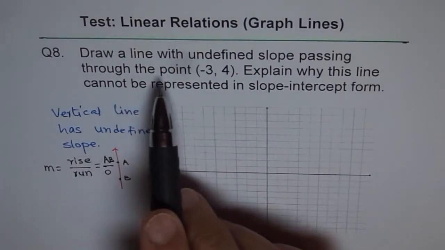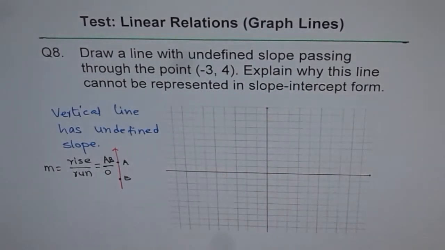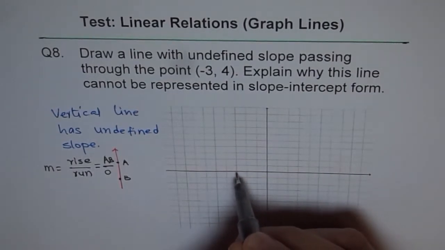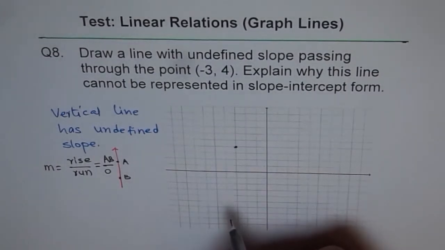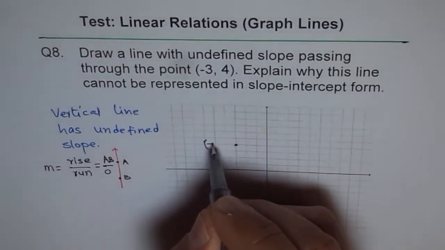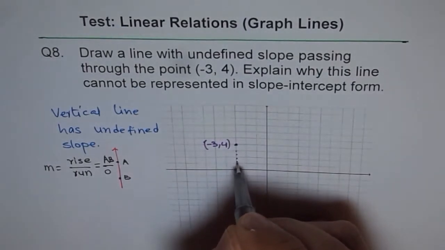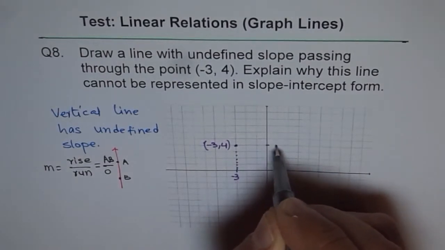So now you have to draw a line with undefined slope passing through the given point. That means that it has to go through the given point, which is minus 3, 4. So let's locate minus 3, 4. 1, 2, 3. That's minus 3. 1, 2, 3, 4. That point represents minus 3, 4, right? Since on the x-axis it is minus 3 and on the y it is 4.